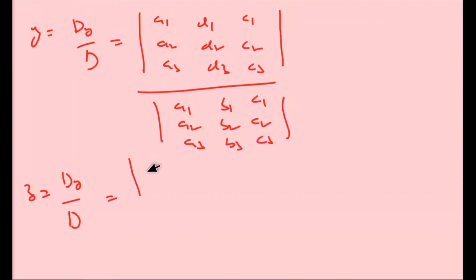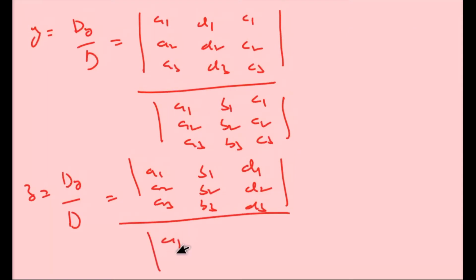Then we can see a1, a2, a3, b1, b2, b3 and d1, d2, d3 upon a1, a2, a3, b1, b2, b3, c1, c2, c3. These are the coefficients of x, y, z in the given equation, and by changing them we can find the values of x, y and z this way.